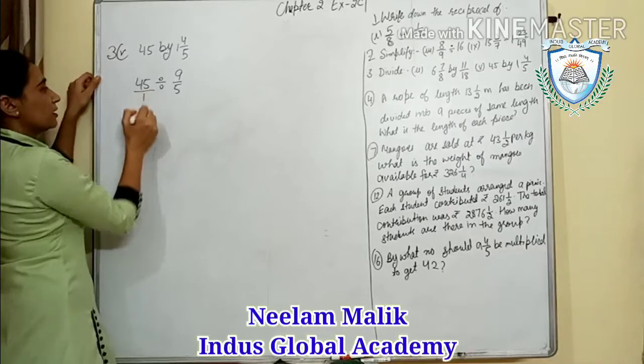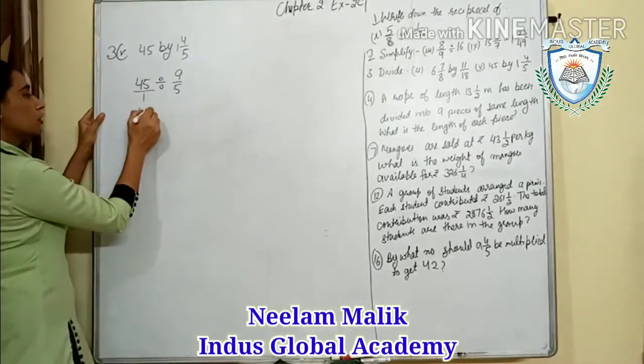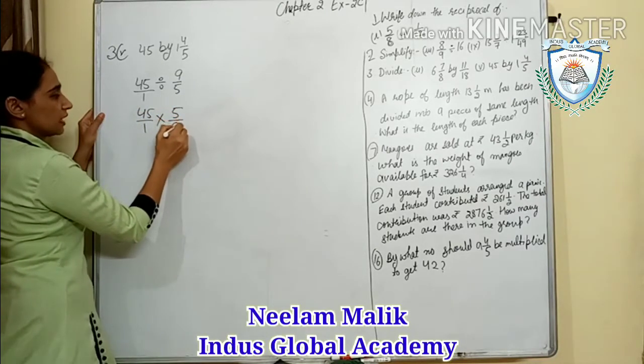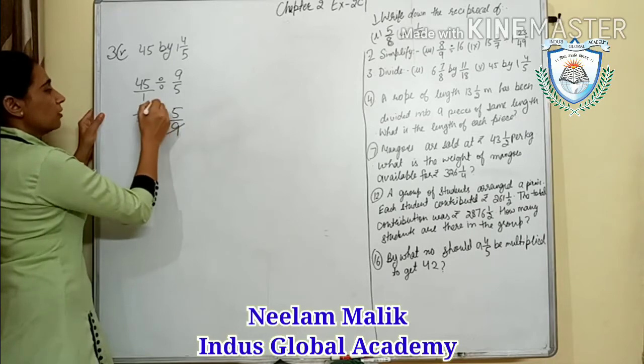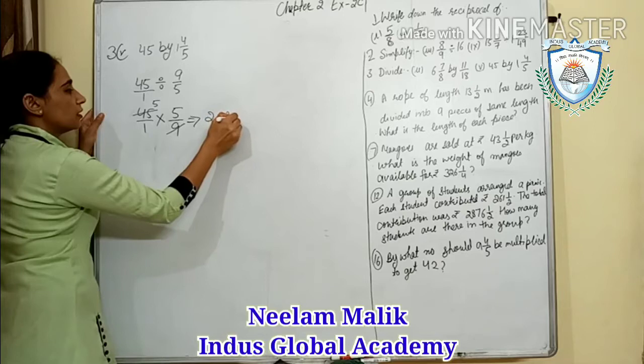You can write this like this, 45 upon 1, multiplied by the reciprocal of the second number. So 9 5s are, what is our answer? 25. This is our answer here.